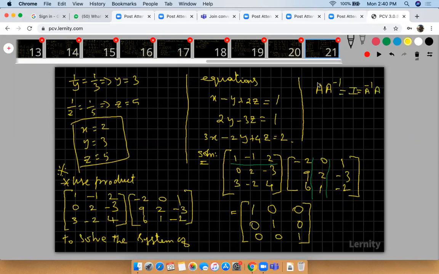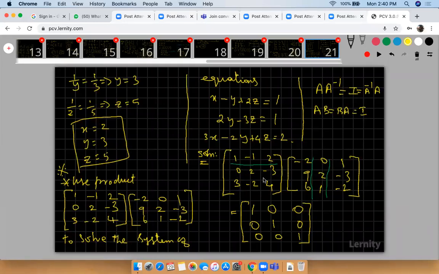So if the matrix multiplication is identity, one is the inverse of the other. Therefore, if AB is equal to BA is equal to identity, then A is the inverse of B and B is the inverse of A.